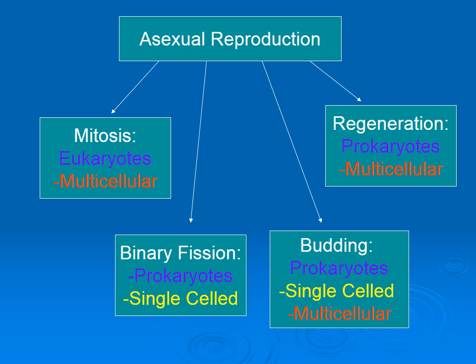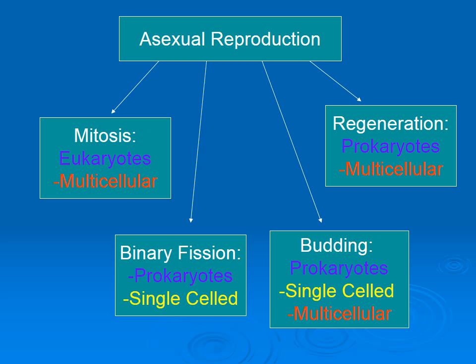All right, here's just an overview of asexual reproduction. So we have mitosis, which takes place in eukaryotes. So the organisms that undergo mitosis do have a nucleus and are multicellular. And if you look at the other three, binary fission, budding, and regeneration, they are all three prokaryotes.